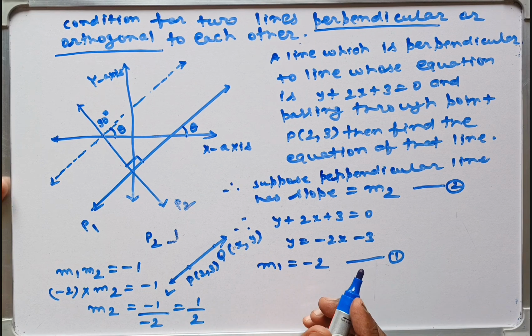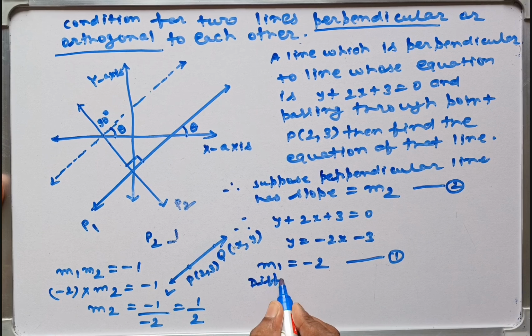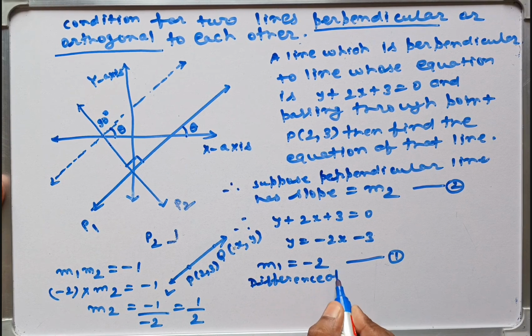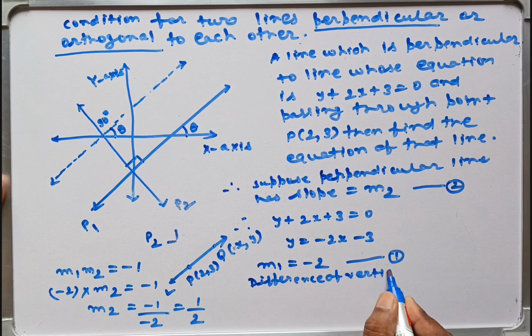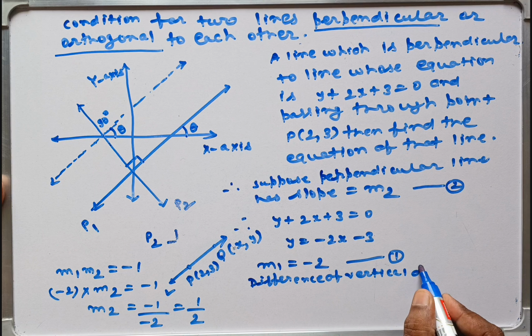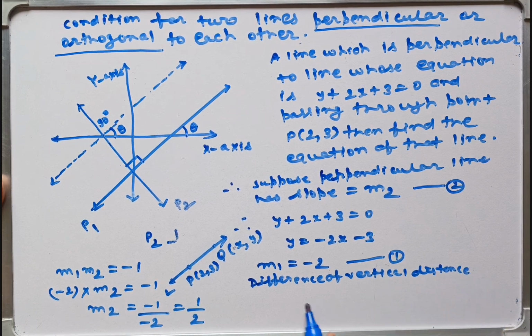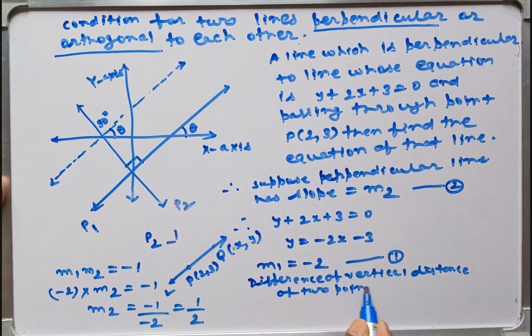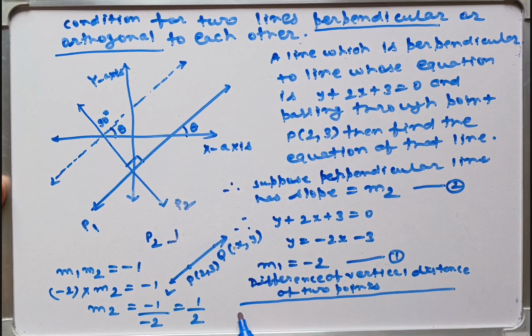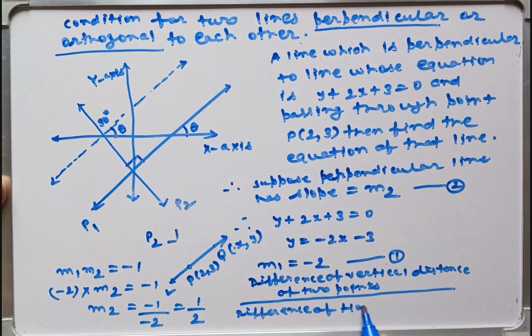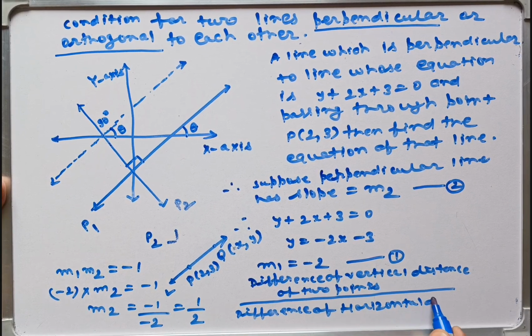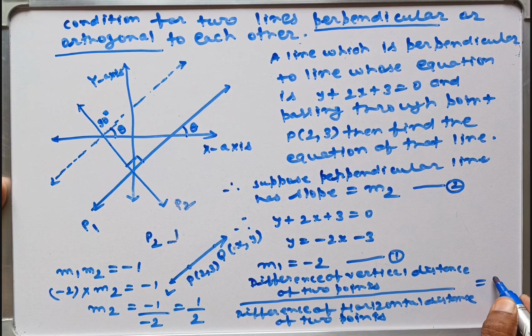Okay, so you know, guys, the difference of vertical distance of 2 points divided by the difference of horizontal distance of 2 points is equal to the value of slope.